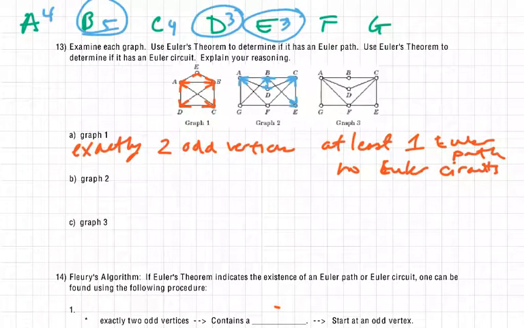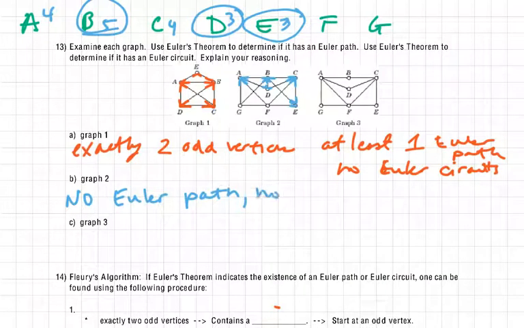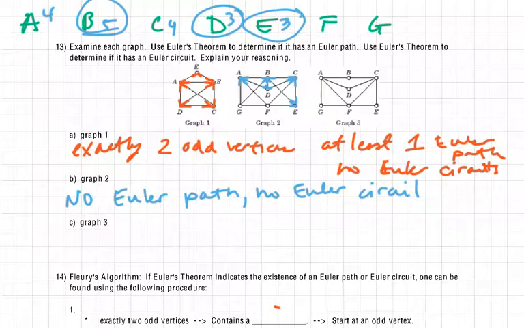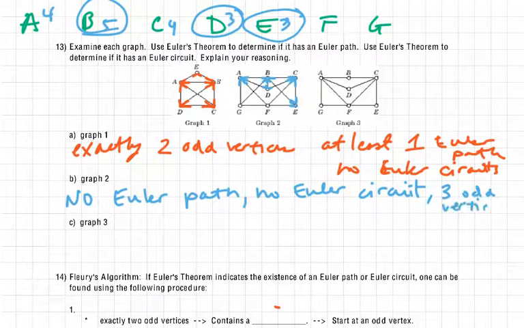Based on Euler's theorem, if there are more than 2 odd vertices, then there is no Euler path, which therefore means there's no Euler circuit, because 3 odd vertices is greater than 2.